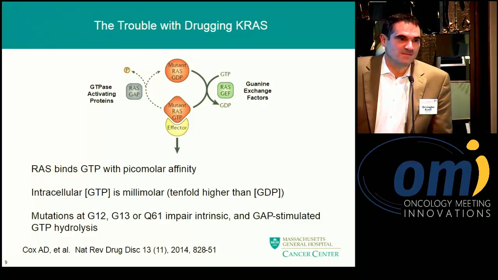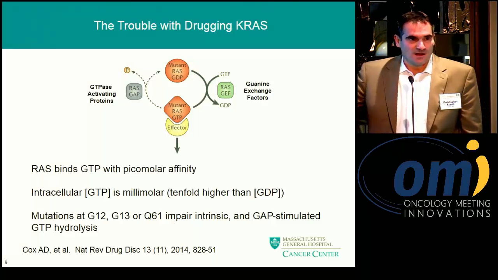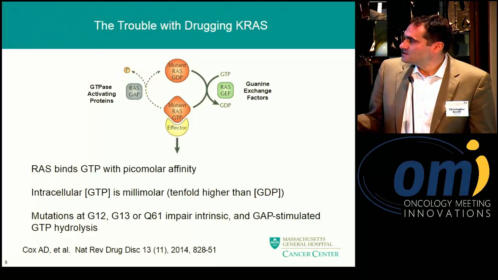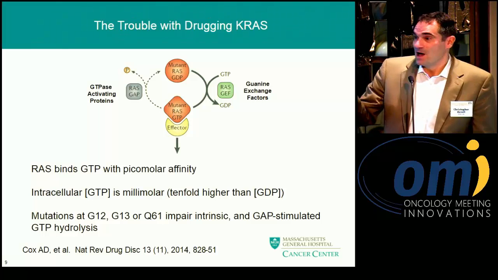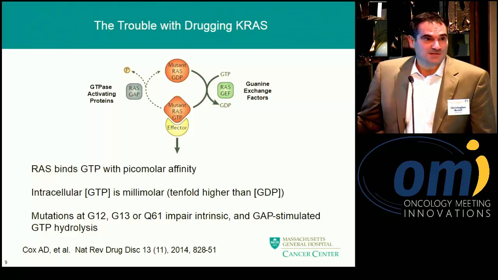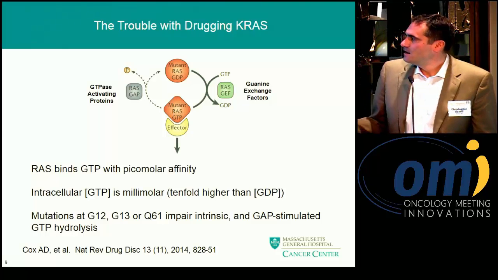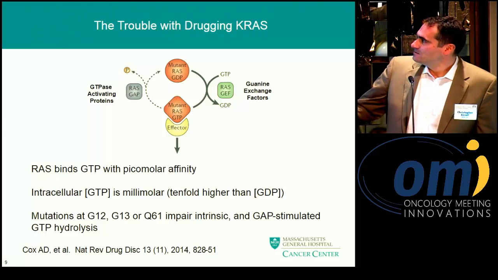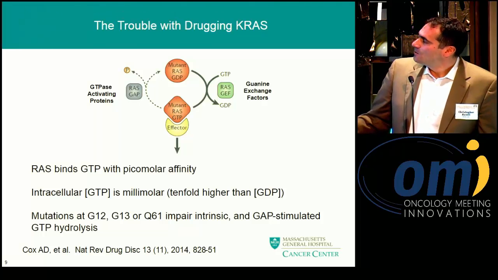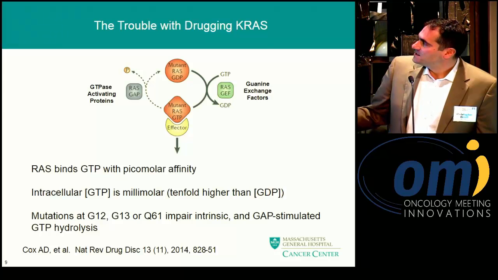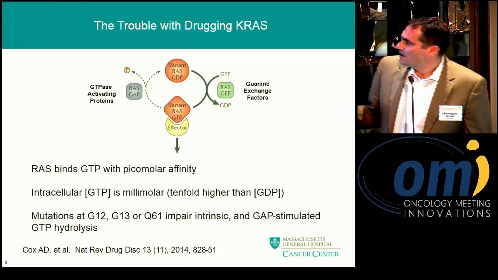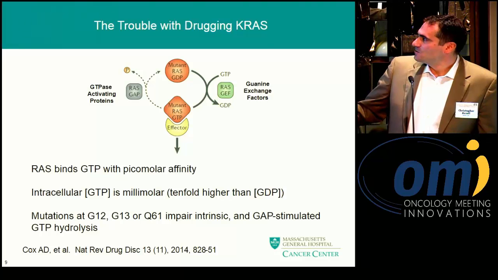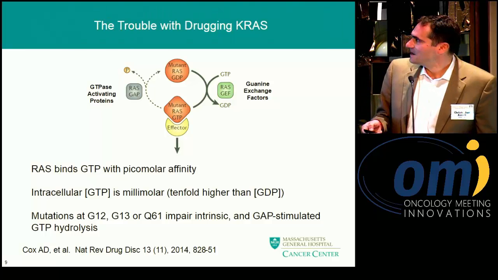So it's not like using ATP mimetics to target other tyrosine kinases. It's hard to design a molecule that's going to get in there and outcompete GTP. And the mutant RAS, which has mutations at exon 2 codons 12 or 13, or exon 4 Q61, basically has an impaired GTP hydrolysis. So this unit is stuck in the on position, as it were.